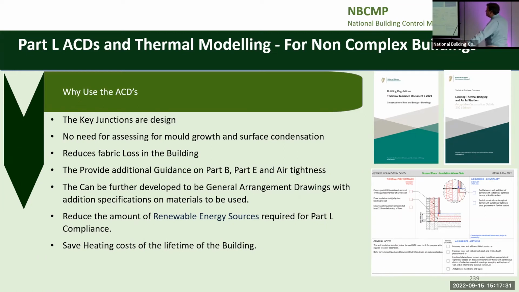There's a reduced amount of renewable energy sources required for Part L compliance, and a saving on heat cost for the lifetime of the building. Especially when we have an energy crisis probably coming next winter, you're designing a house that's actually going to save you money over the lifetime of the house.